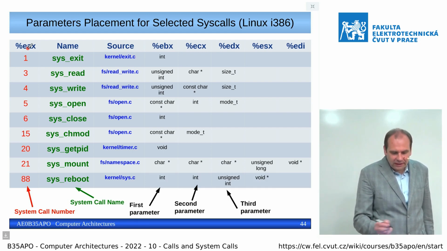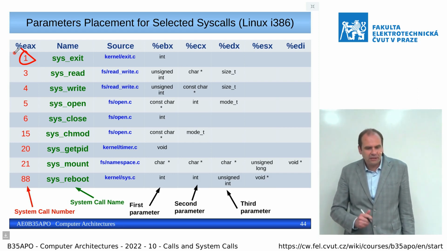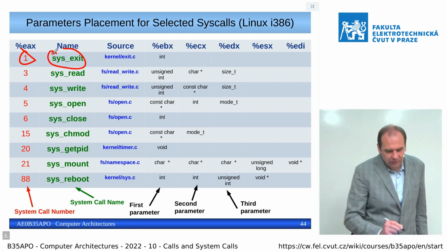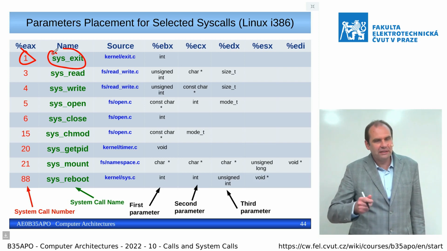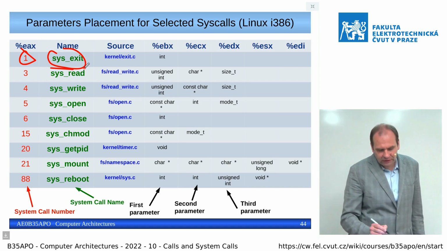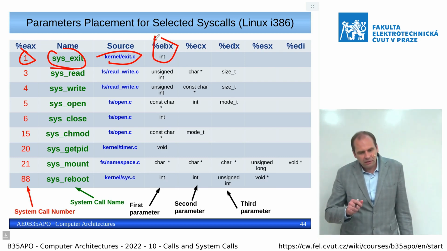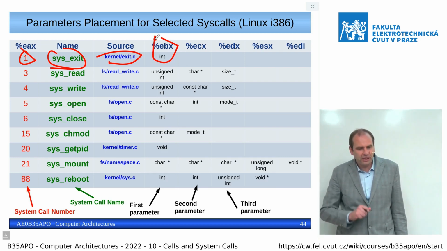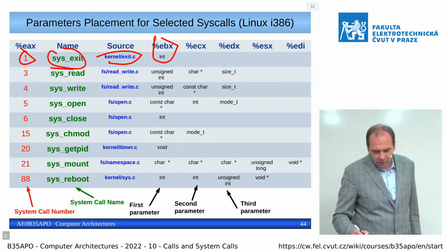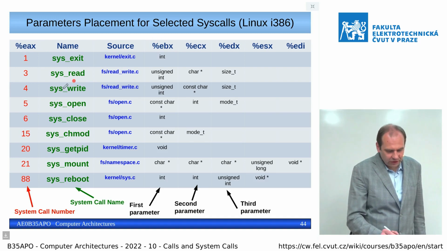In the x86 case, for example, the service with number 1 is the system exit. So in fact, if you put exit and a number in the C code, then it invokes this system call. It is implemented inside the kernel here, and in EBX is expected the value which should be returned by the end of the program when it finishes execution.